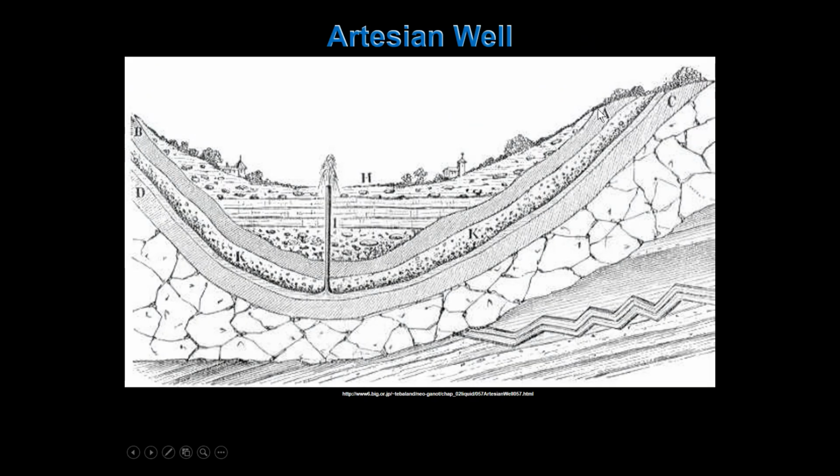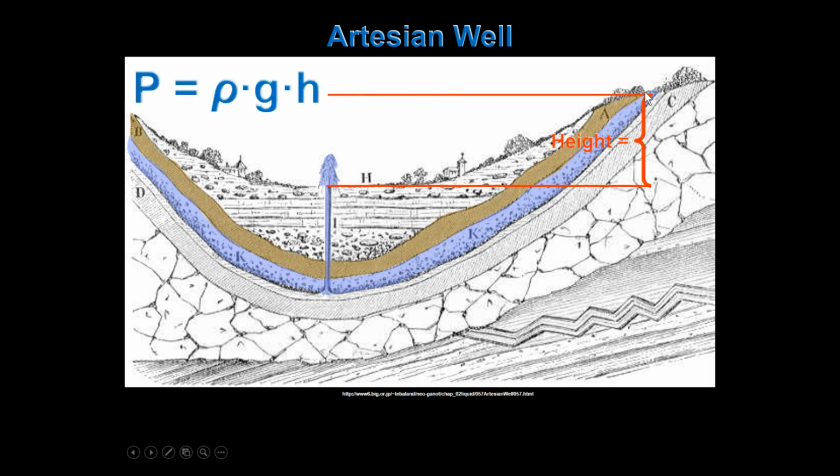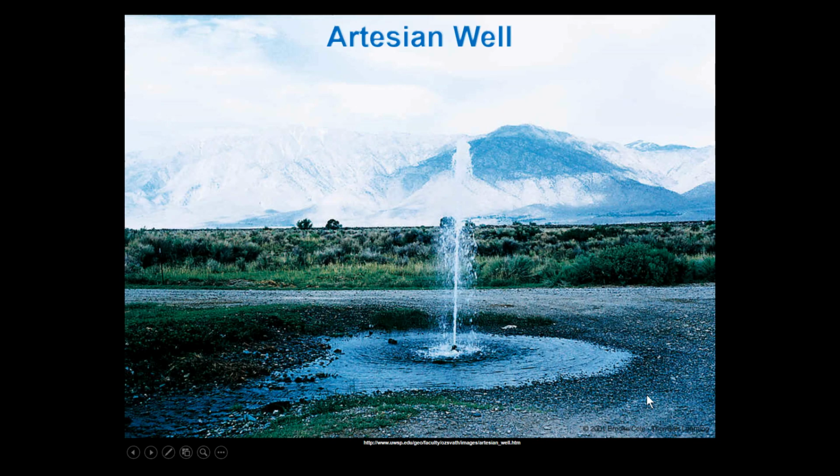The reason is we have a lot of clay in our soil, and if there is a depression here and this is clay all in through here, an impermeable layer, and then this is some sort of gravel or some permeable layer where the water could collect, this clay here prevents the water from filtering into this area here, and if this is the ground level, this extra height of water here created pressure that made it spew out of the ground.